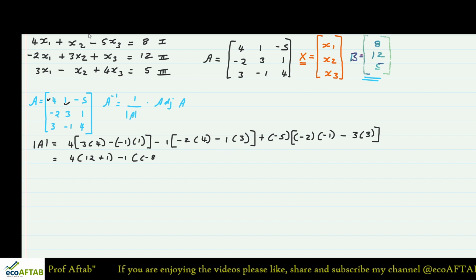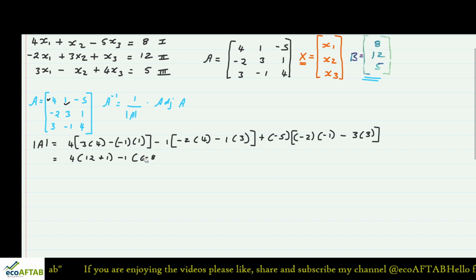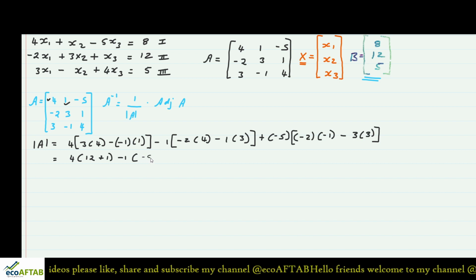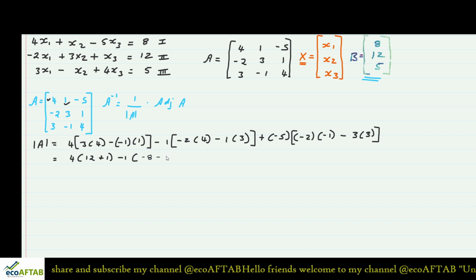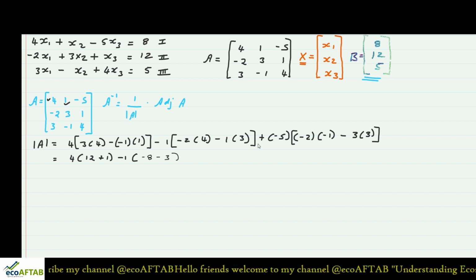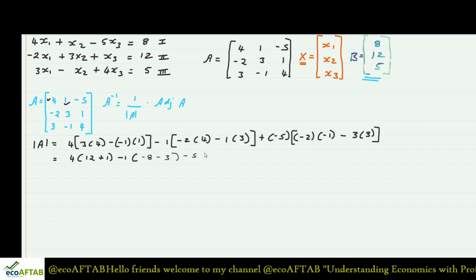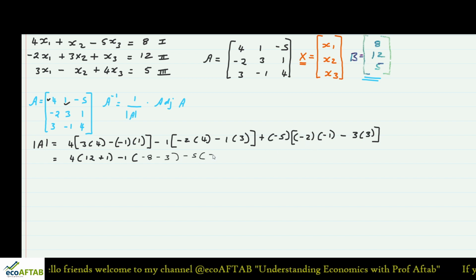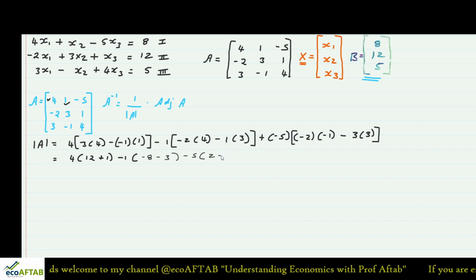So this becomes, friends, minus 8 minus 3, and at the end plus into minus is minus 5, and inside the bracket minus 2 into minus 1 is 2 minus 9.